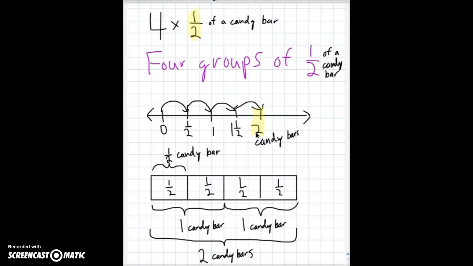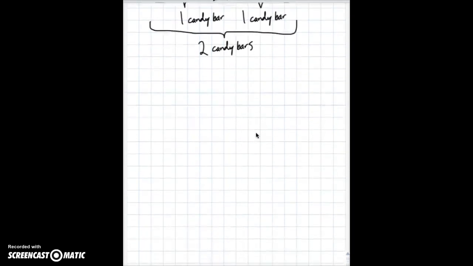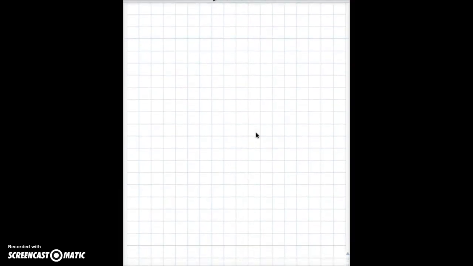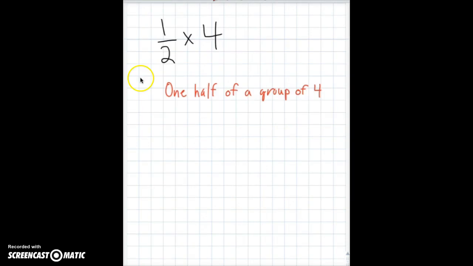Now I would like to look at a similar but different multiplication problem. This says 1/2 of a group of 4. Now notice that this second number is what we're starting with.